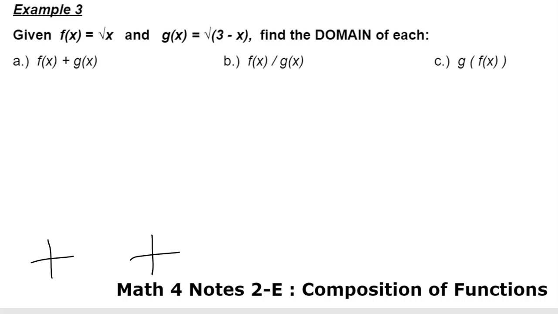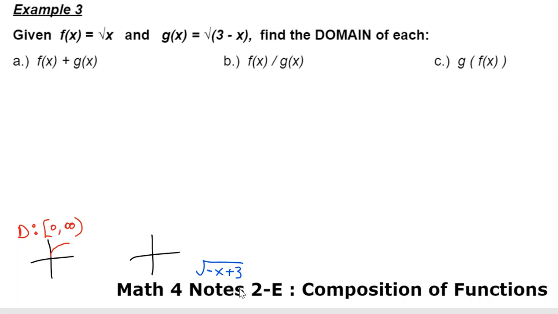Now, if I do square root of x, the graph is going to look like that, and my domain is going to be from 0 all the way to positive infinity. But when I start looking at the square root of 3 minus x, well, that's really the square root of negative x plus 3. And we've had conversations about this before. The negative inside means that I'm going to flip it the other way.